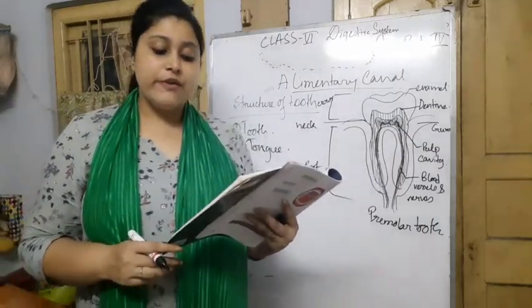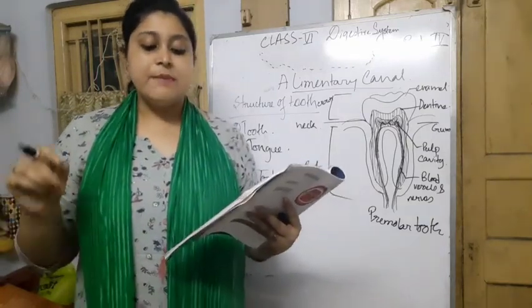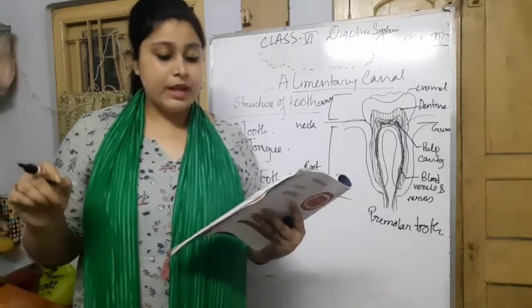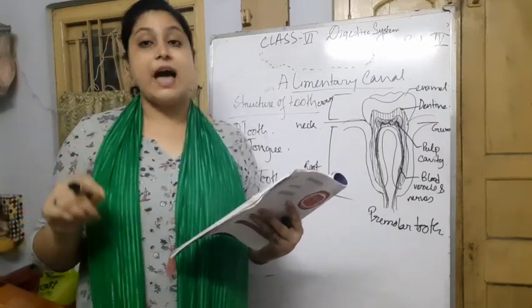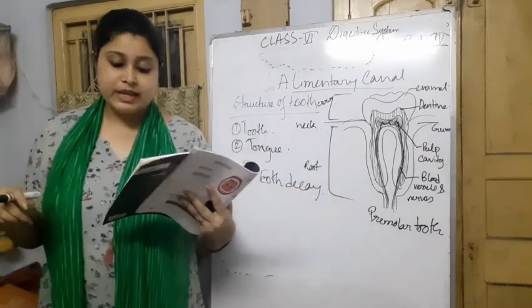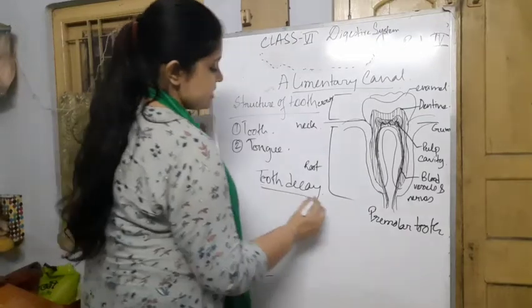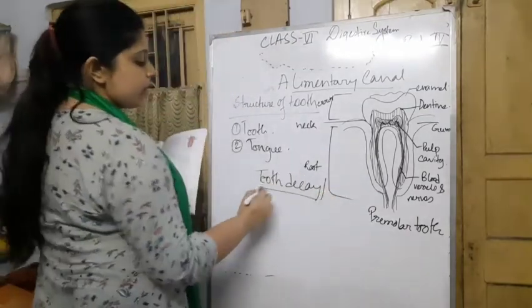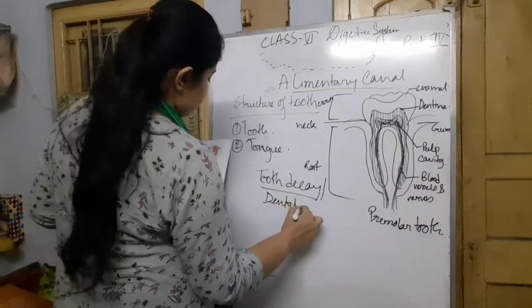When small pieces of food get trapped within teeth, bacteria act upon them. As a result, acid is produced which slowly damages our teeth. This is known as tooth decay or dental caries. The common name of tooth decay is dental caries.